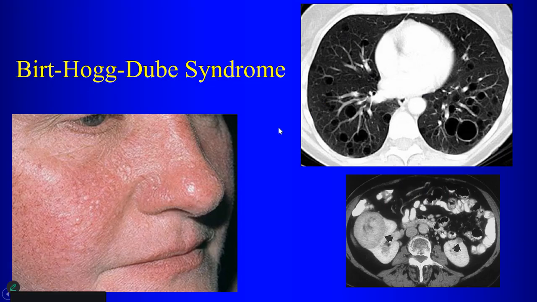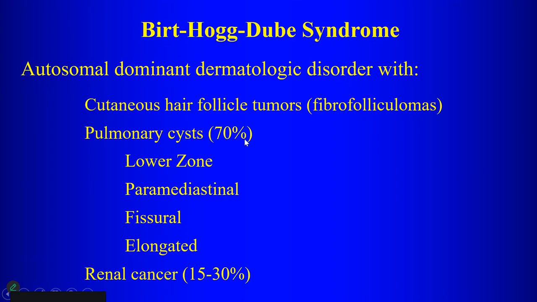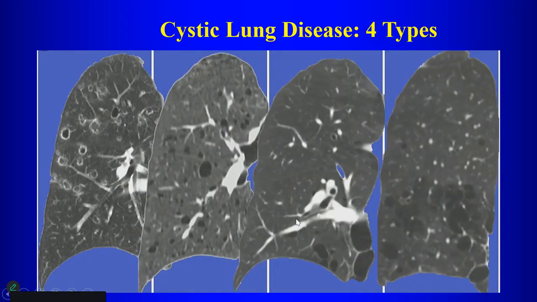This is Birt-Hogg-Dubé. It's also associated with skin lesions. So this is Birt-Hogg-Dubé syndrome. Right? So cutaneous hair follicle tumors or fibrofolliculomas, cysts in the lung, and renal masses can be associated with renal cancer.